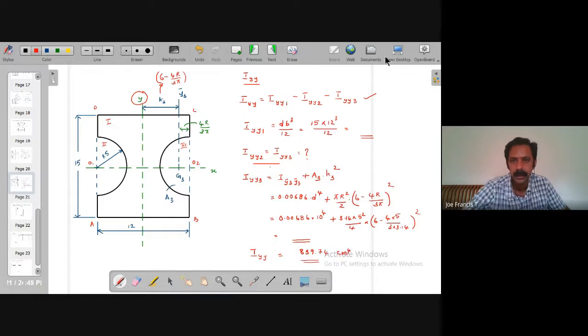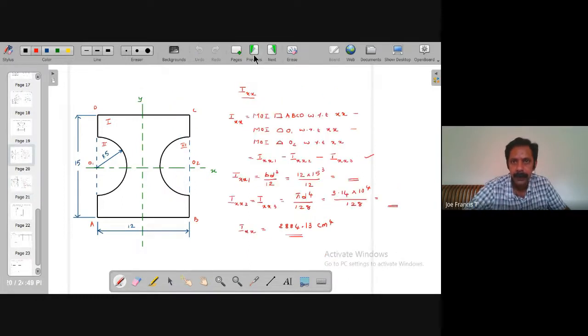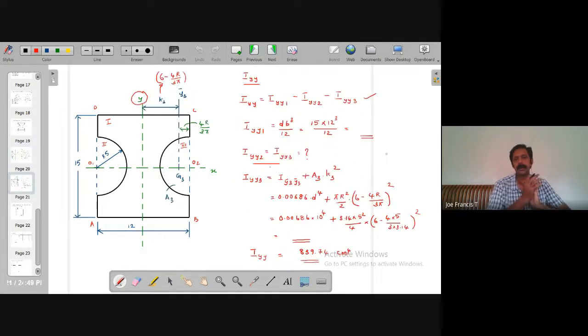The unit is centimeter raised to 4. So these are the two values. This is just like the previous problem that we did. Only thing is we need to apply the parallel axis theorem. Just try to work it out yourself how to apply the parallel axis theorem in such cases.